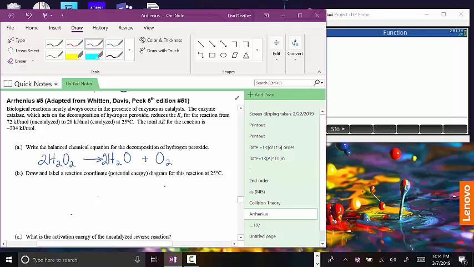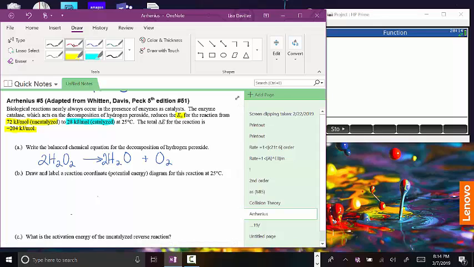And so we've got several pieces of information in there. We have that our activation energy is 72 uncatalyzed, and I'm going to put the catalyzed, 28 catalyzed, and our total delta E is a negative 204.